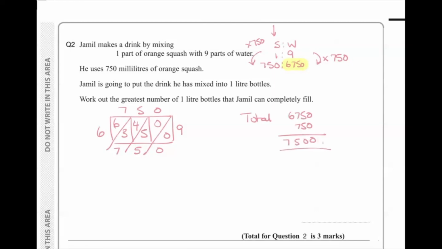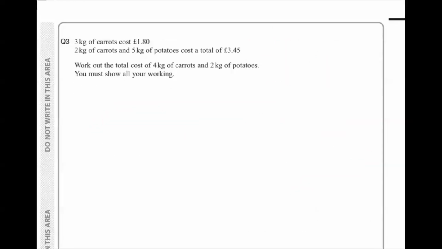Now, we're in millilitres at the moment. We need to divide through by 1,000 to get it into litres, which would be 7.5. And it's the greatest number, and the greatest number is 7. And we would pop that on our dotted line.